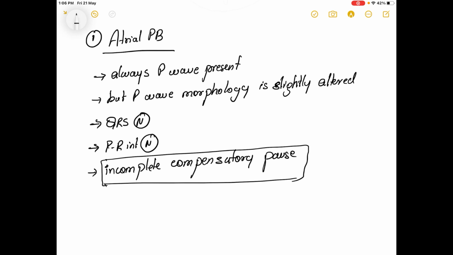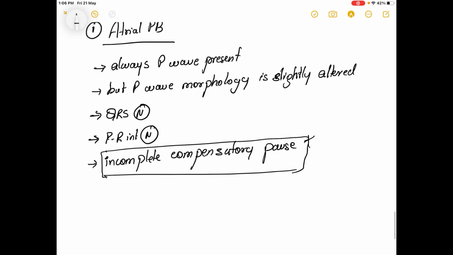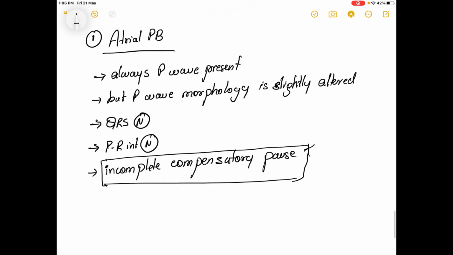So usually it is incomplete, but it is not a criterion to diagnose atrial premature beat. So in atrial premature beat, we see a P wave with slightly altered morphology, normal QRS and normal PR interval, usually associated with incomplete compensatory pause.